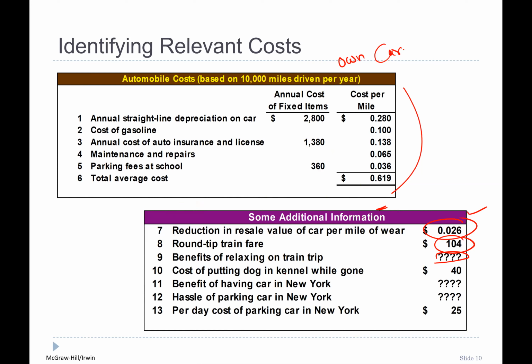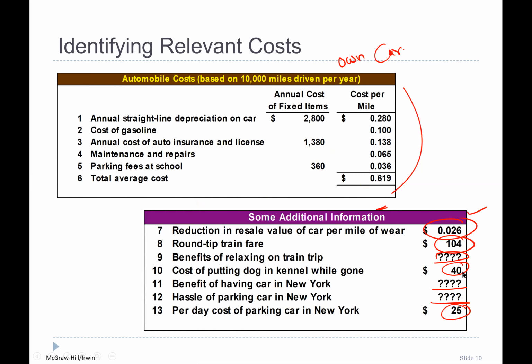Cost of putting dog in kennel while gone, $40. Benefits of having car in New York, we don't know and we cannot quantify that here. Hassle of parking car in New York, also we cannot quantify that. Plus, per day cost of parking car in New York, $25.